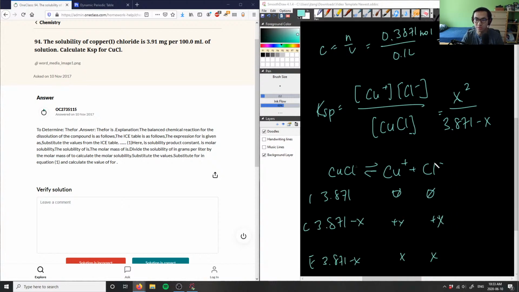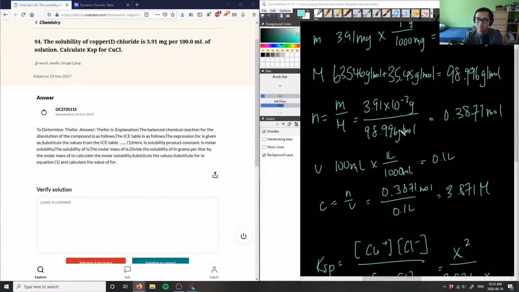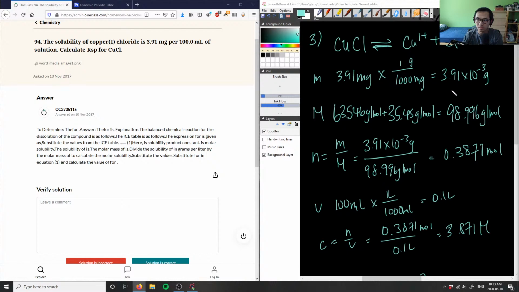What we can do here, if we finish this problem, is, let's see, I have 3.91 of 98 grams here. Did I divide this correctly?